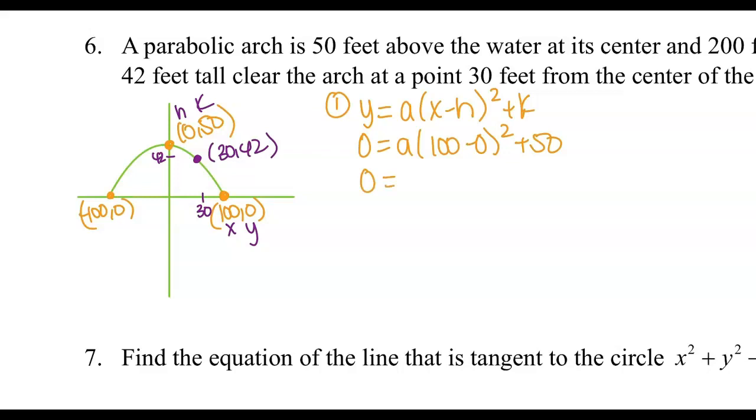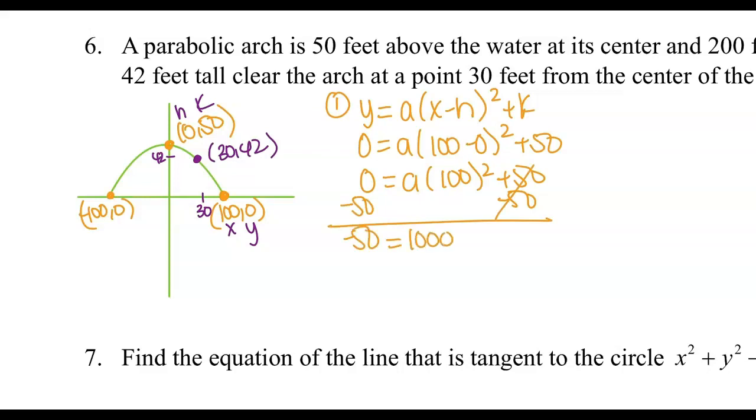We'll have 0 equals A times 100 squared plus 50. I'm going to subtract 50 on each side. So negative 50 will equal, 100 squared is 10,000, A. And then I'll just divide both sides by 10,000. So A is going to equal, I'm going to write this as a decimal, negative 0.005.